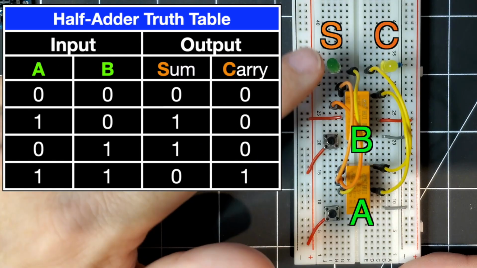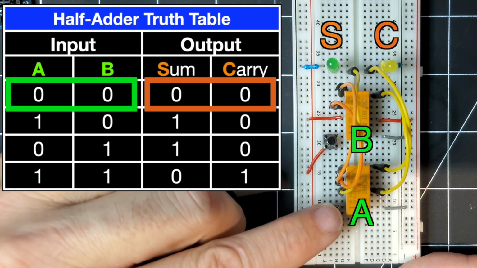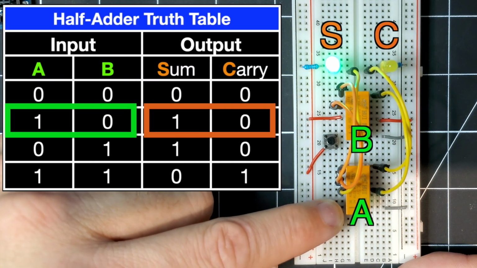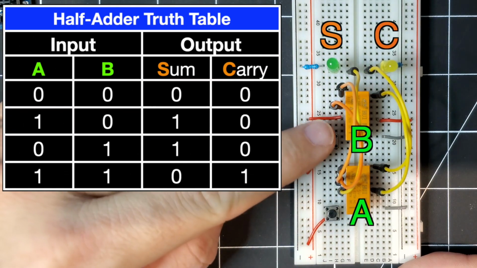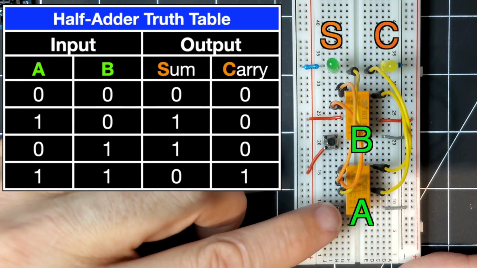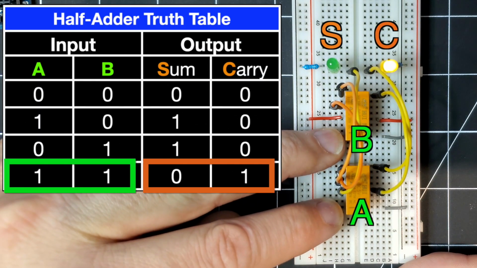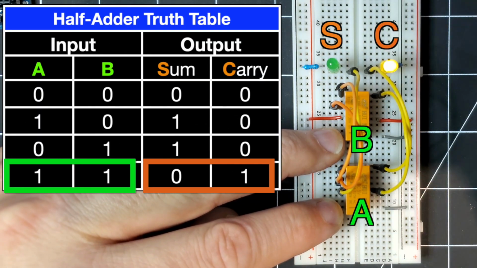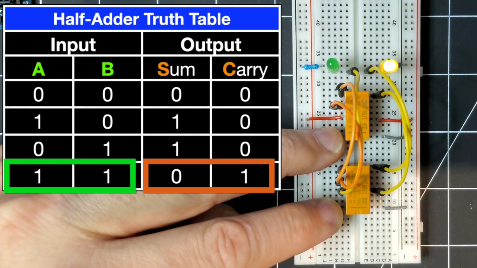So right now we have 0, 0 equals 0, 0; 1, 0 equals 1, 0; 0, 1 equals 1, 0; and 1, 1 input is a 0 to the sum and a carry of 1.